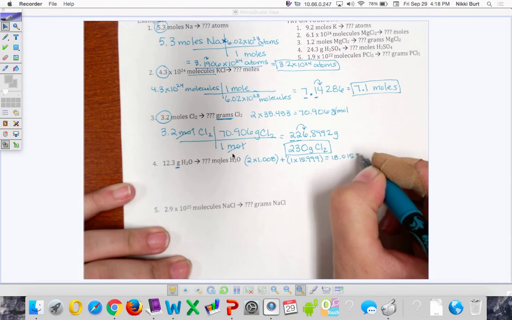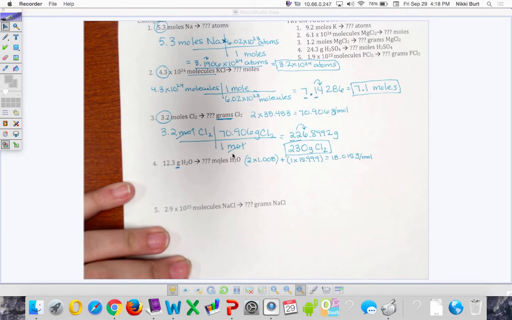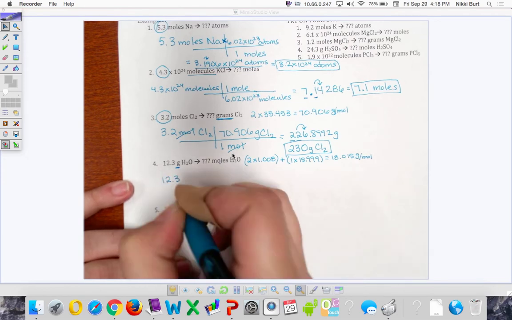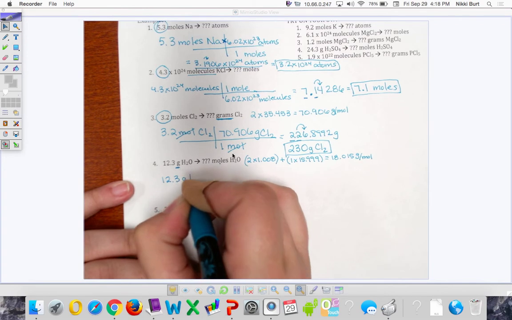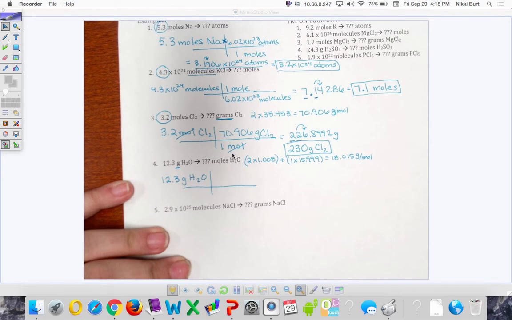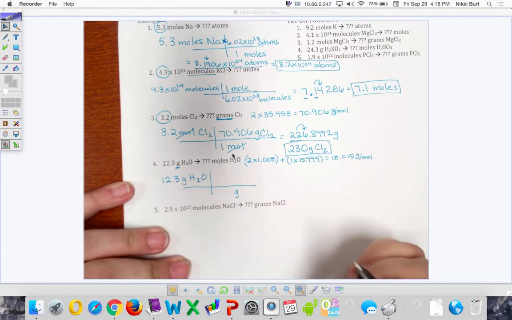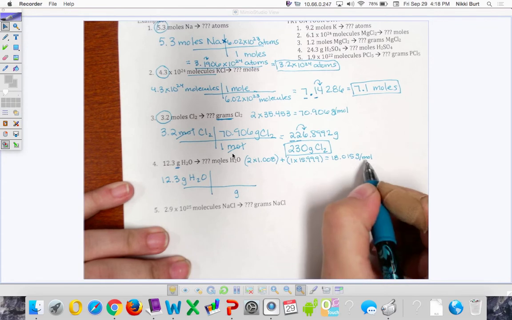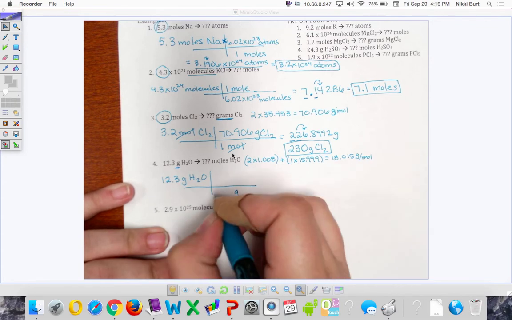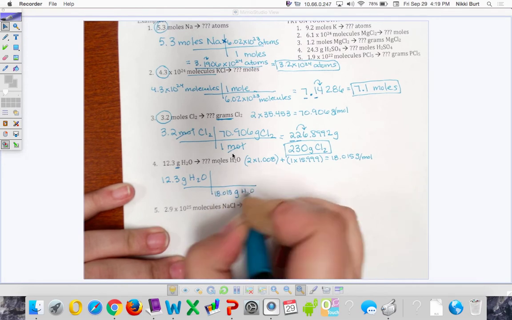So when you multiply and add that stuff together, you get that water has a molar mass of 18.015 grams per mole. So I take my original number, which is 12.3 grams of H2O, start my train track. I need grams to cancel, so I gotta put the grams on the bottom. So every 1 mole weighs 18.015 grams.